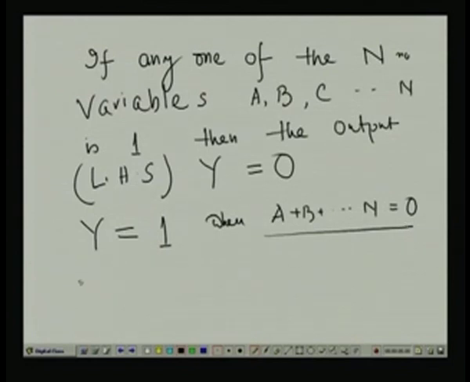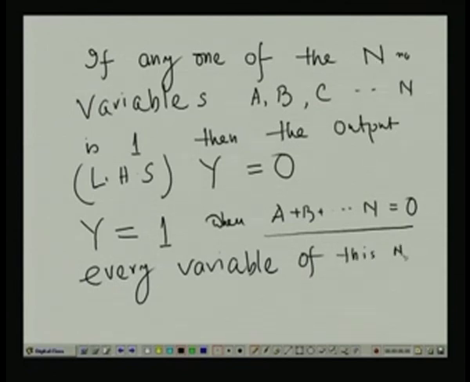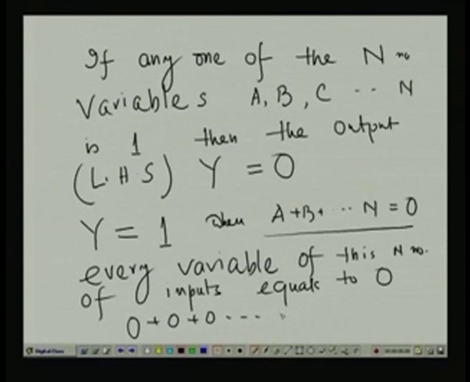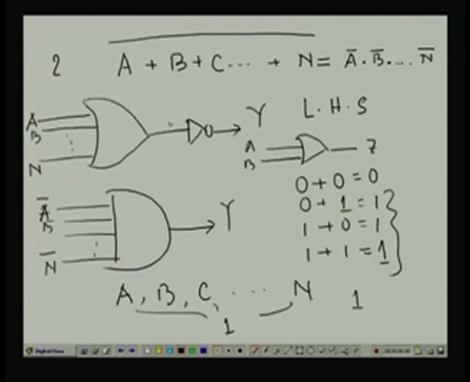When every variable of this n number of inputs equal to 0, then only, that means 0 plus 0 plus 0 plus 0, then only the output of the OR gate will be 0 when each of this A, B, n will be 0, and if this value is 0, then y equal to 1.